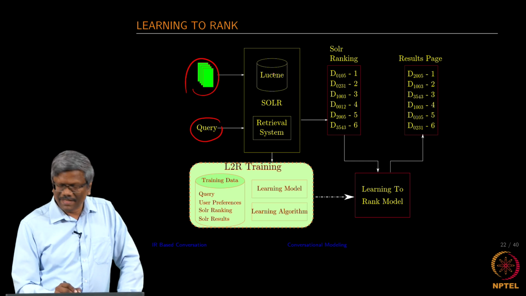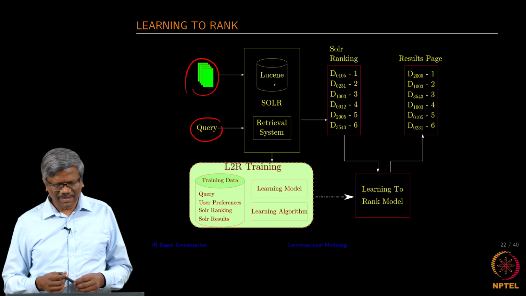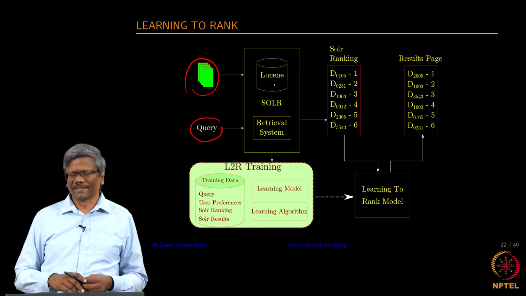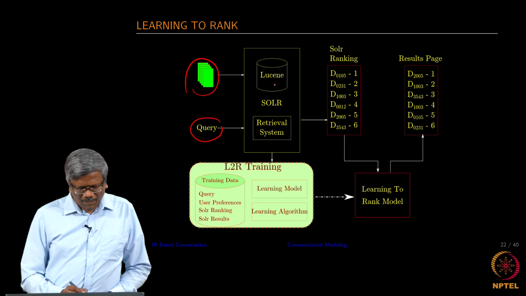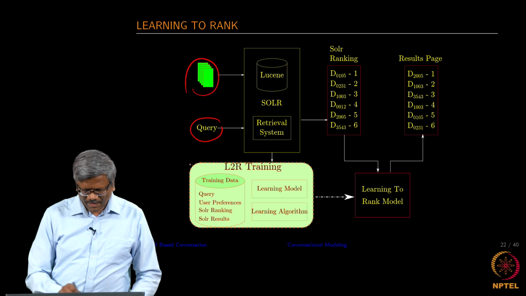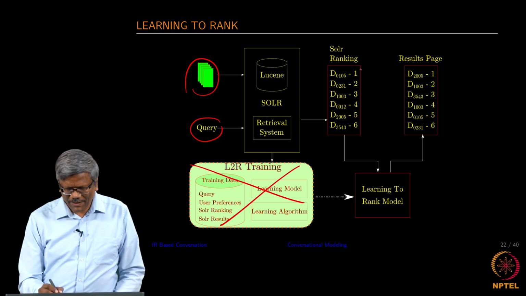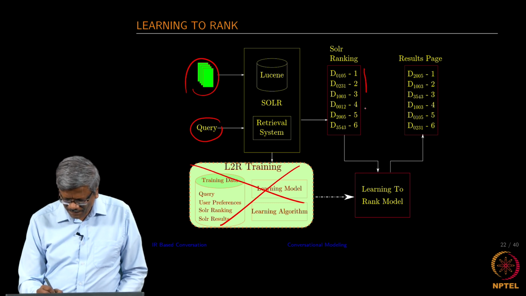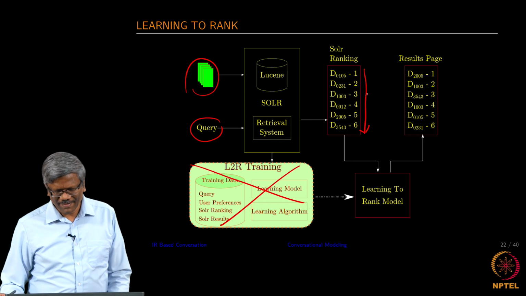Actually, Lucene is the indexing engine and Solr is the complete retrieval engine which provides all kinds of ranking mechanisms and so on. Initially, when you do not have the LTR, Solr provides you a set of documents with its own ranking scheme.